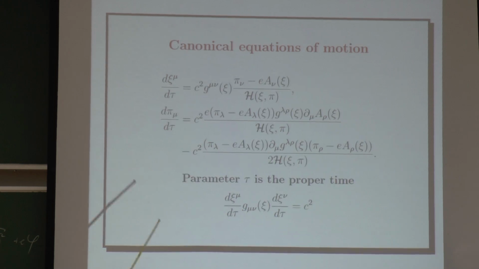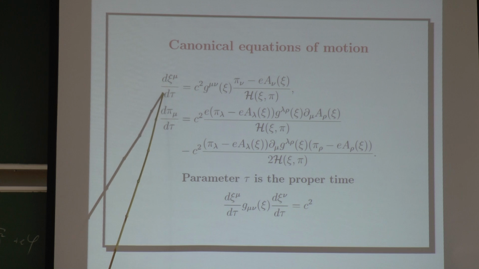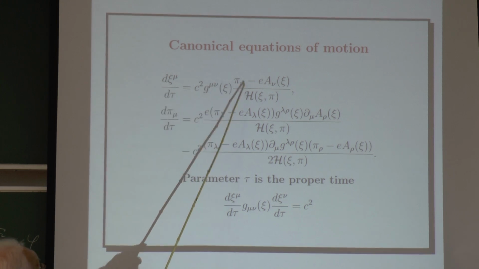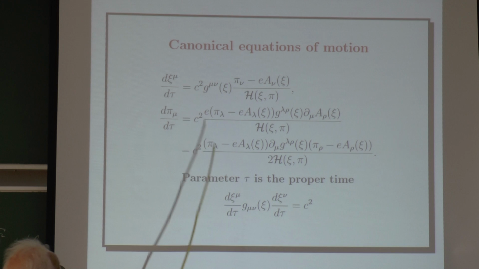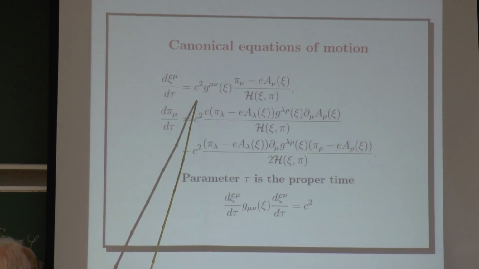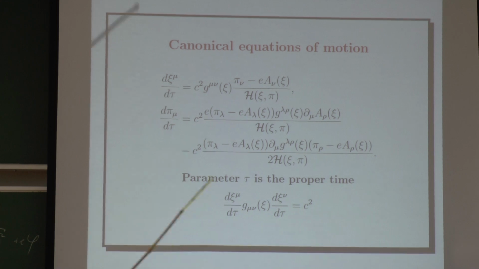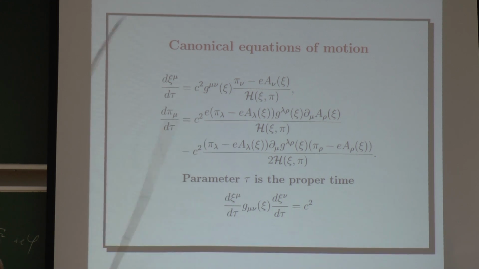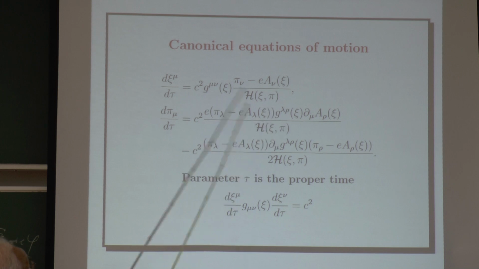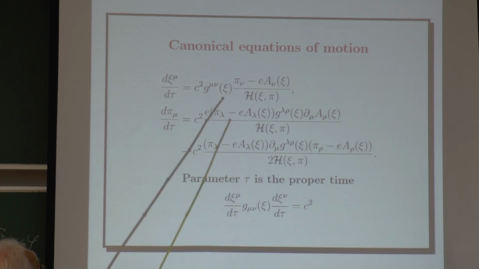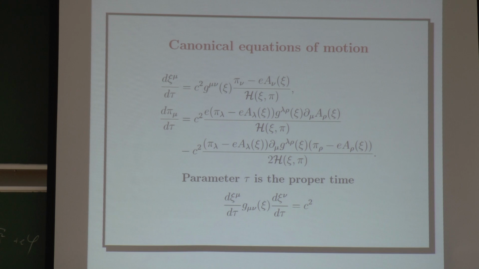So here are the equations. d xi mu over d tau is equal, as I said, to p in the numerator and h in the denominator, and the metric tensor here. Now the differentiation with respect to the position, and time, which is part of this position, is more involved, because in the square root, position appears in 2 places. It appears through the potential and through the metric tensor. So here are the equations.